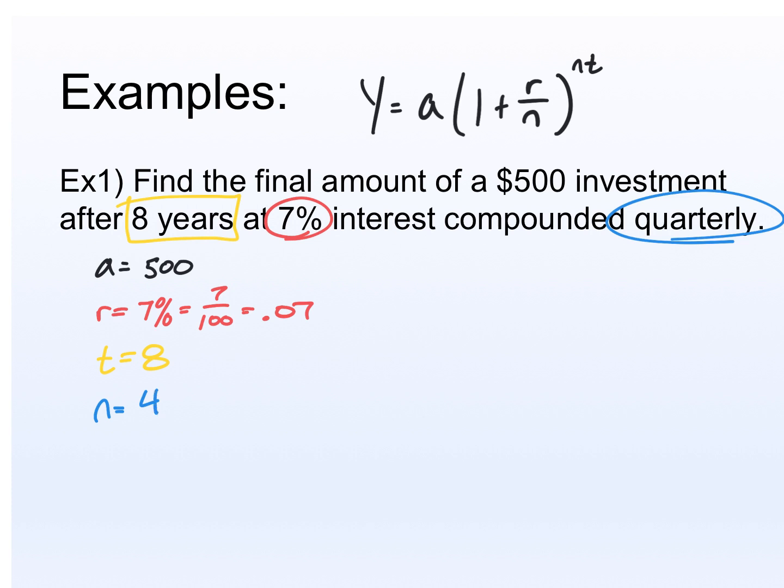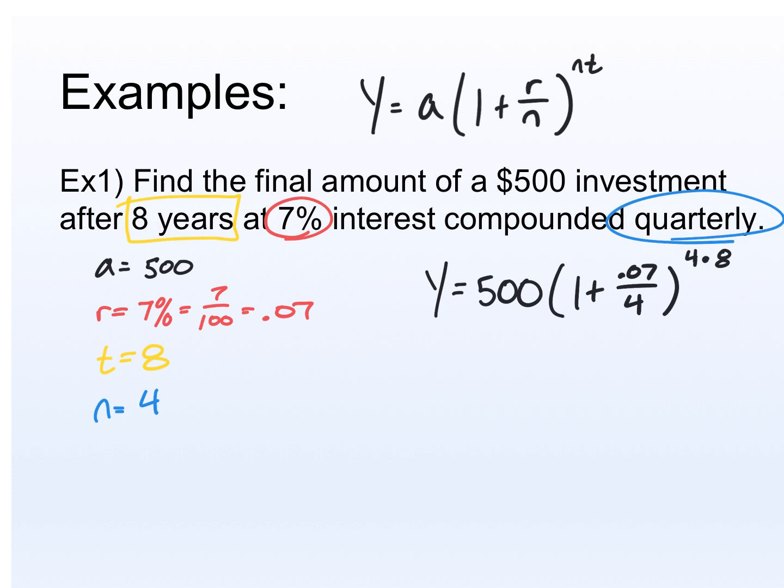So now we have all of that information. We just need to plug it in. So you get y is equal to 500, parentheses 1 plus your rate, 0.07, divided by your n, which is 4. Your exponent is going to be n again, so 4 times the number of years, which is 8.